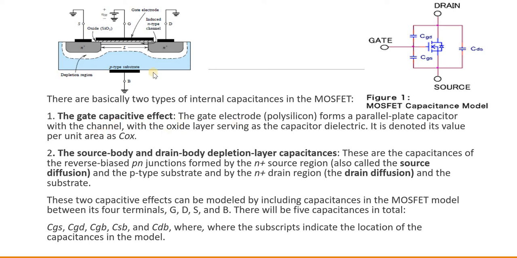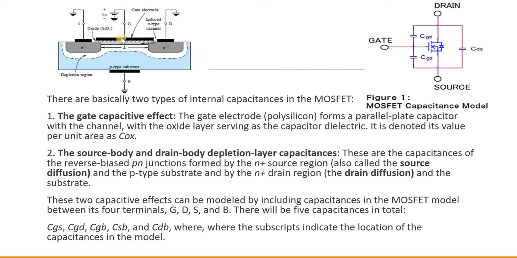The gate electrode, which is nothing but polysilicon, forms a parallel plate capacitor with the channel. So what is the channel here? That is the region under the gate.